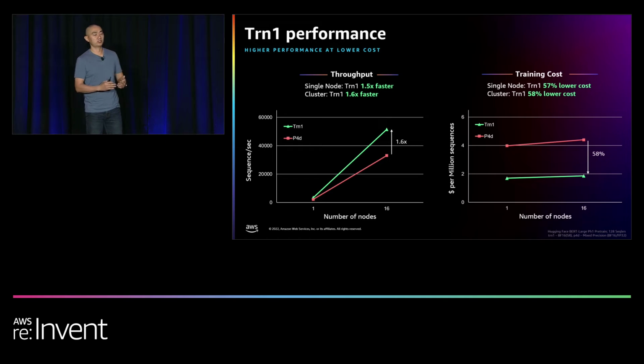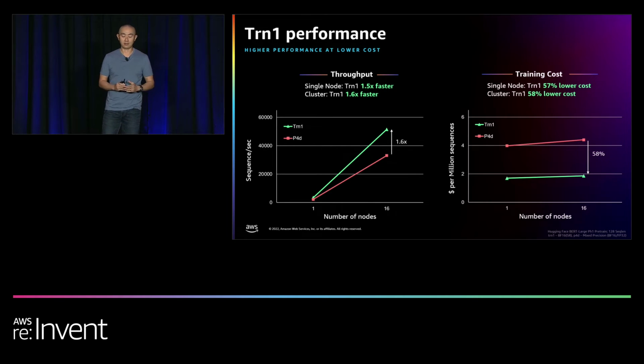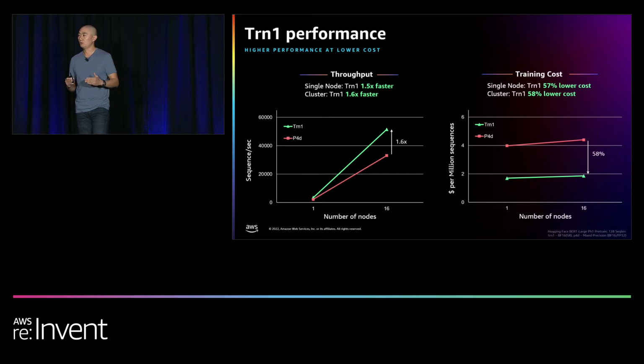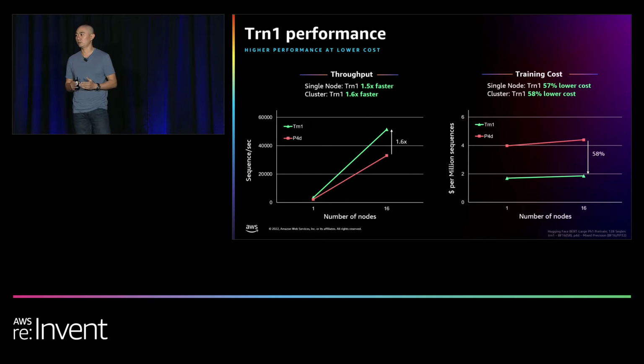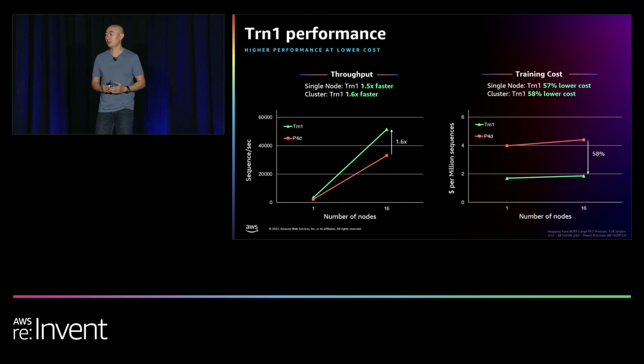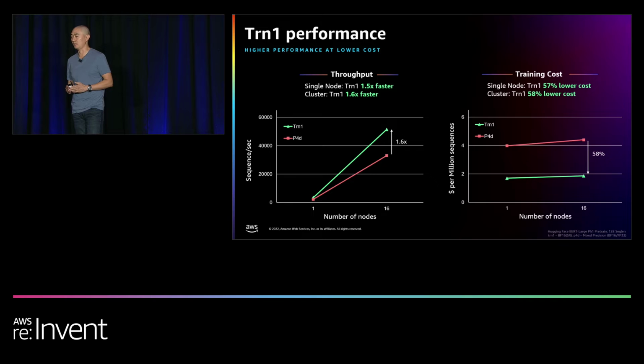We ran these tests on a single node and on up to 16 instances. And here you can see that with TRN1, we achieved up to 1.6x better performance than the latest GPU instance P4D, and that comes with more than 50% cost saving per training.